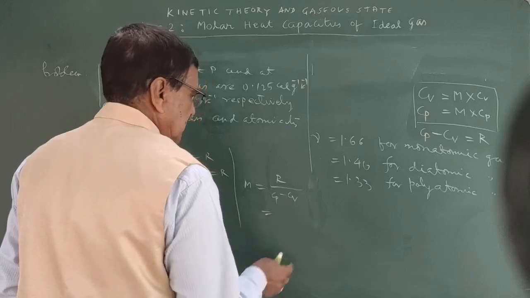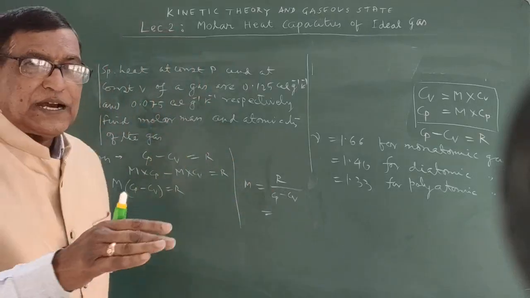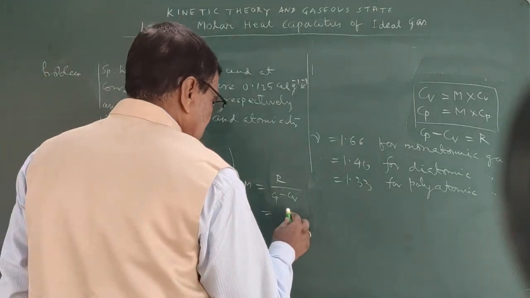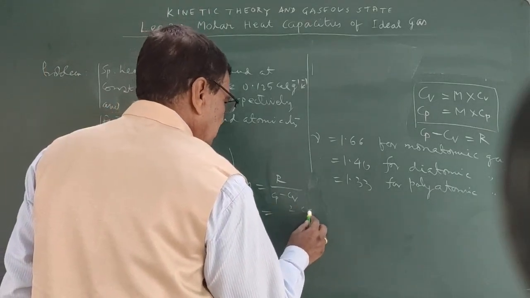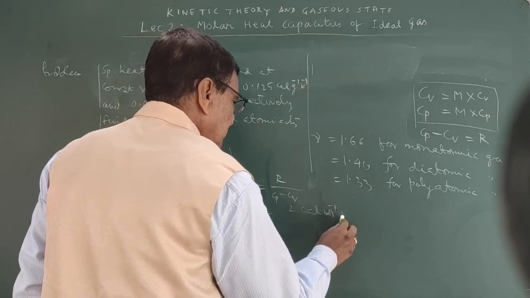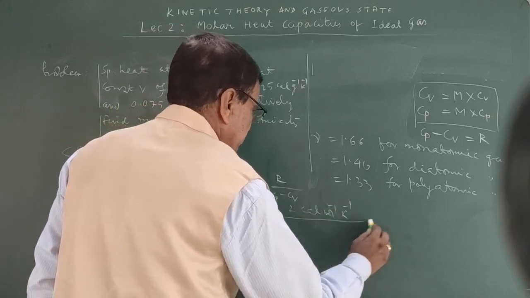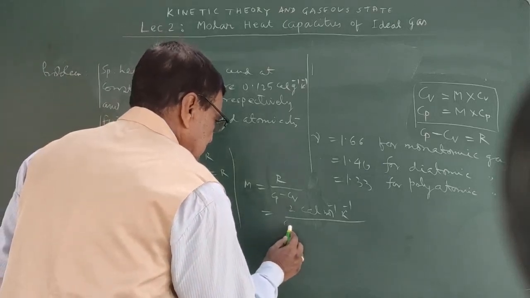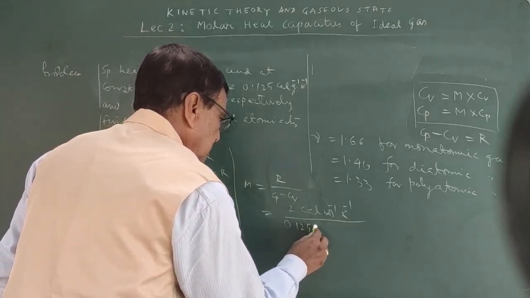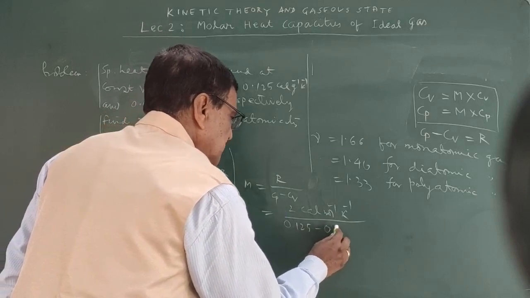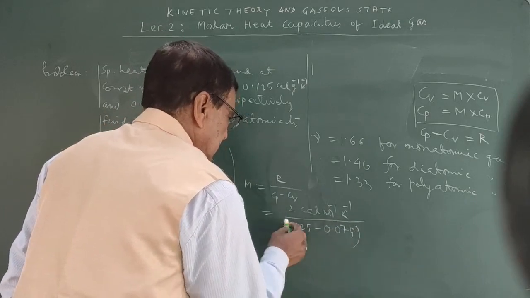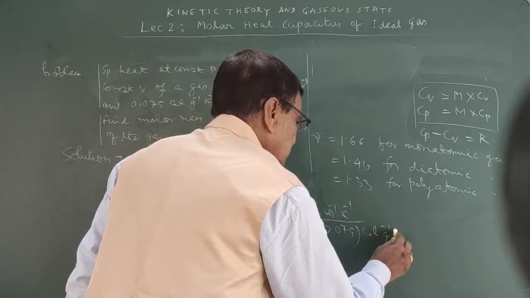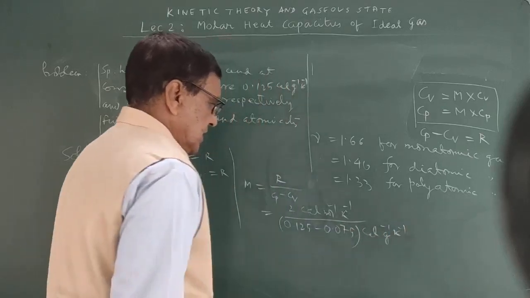As cp and cv are in calories, here R is 2 calorie mole inverse Kelvin inverse, divided by 0.125 minus 0.075, also in calorie gram inverse Kelvin inverse.